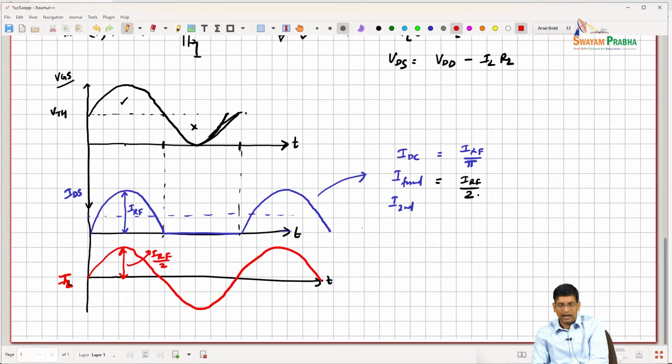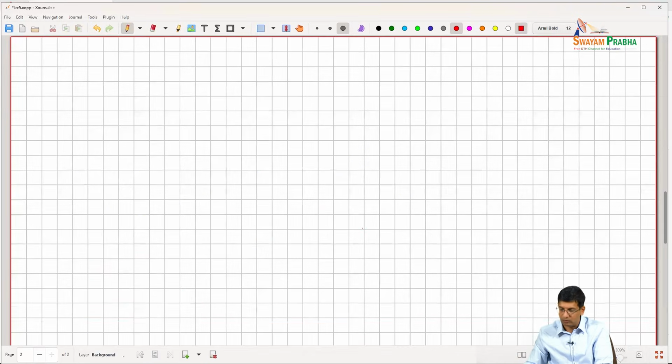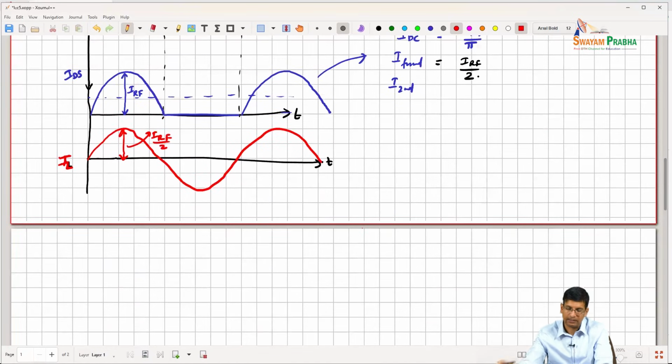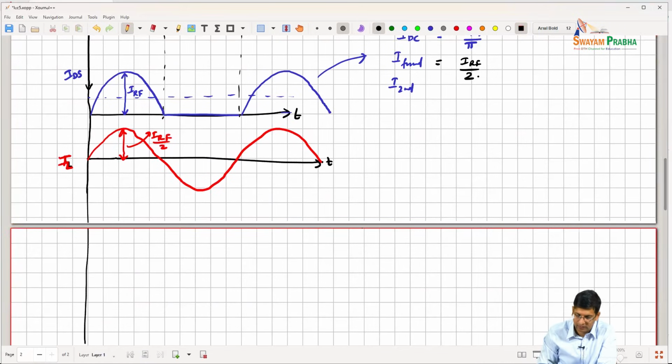And what this is saying is that the output VDS is VDD minus IL RL. So if I look at my output waveform across T, let's say that this is VDD.